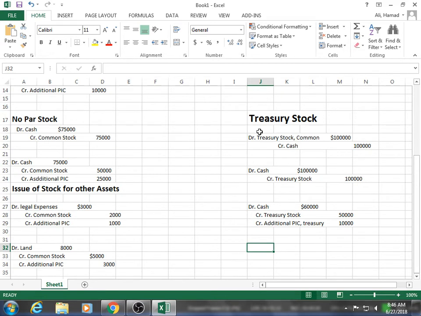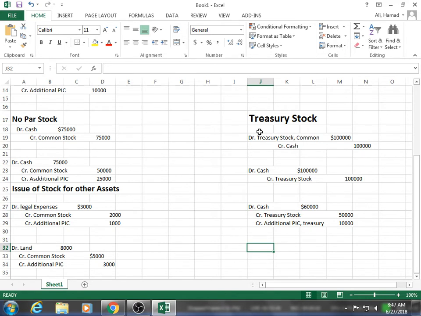Now we have some issues. What happens if you sell those treasury stocks below $50? You have a loss.